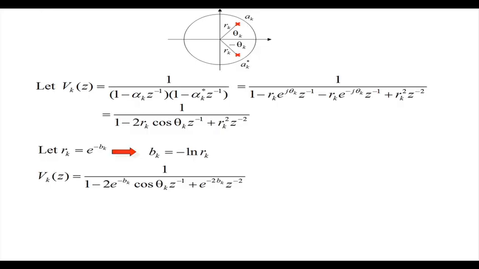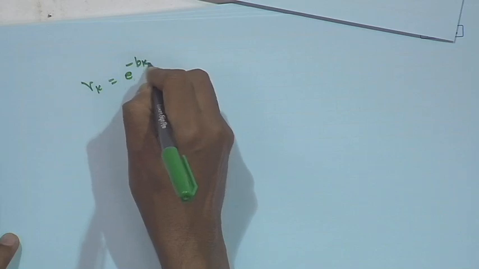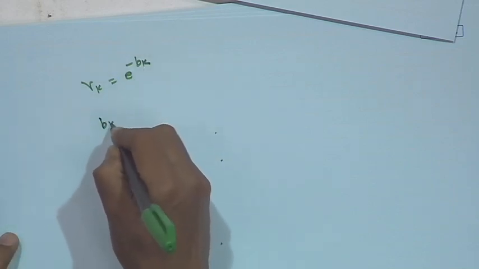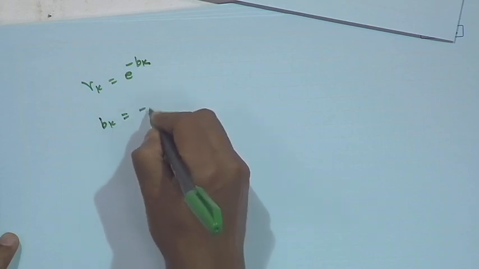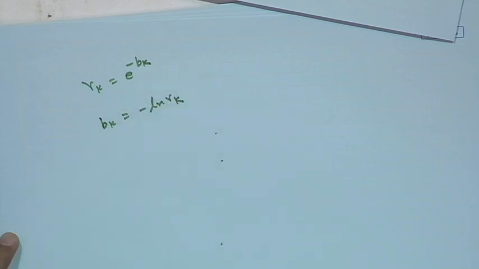Okay. Now, what is the contribution of R_k and B_k? Let R_k be equal to e to the power minus B_k, so B_k is equal to minus ln R_k.